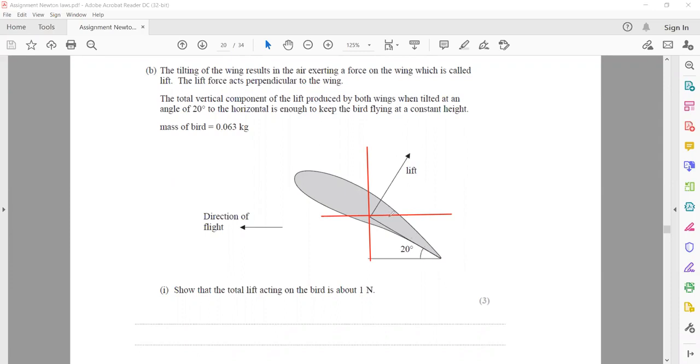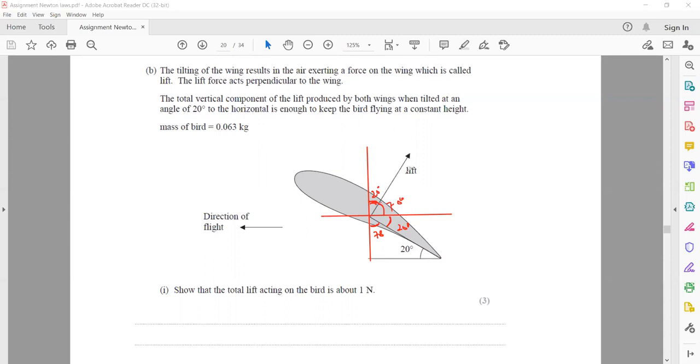So if this angle is 20, this angle will also be 20. And the remaining one is 70, because the total sum should be 90 degrees. So here at this point, what will be the angle? The angle will be 20 and this angle will be 70.